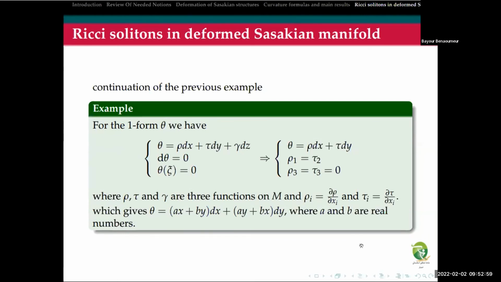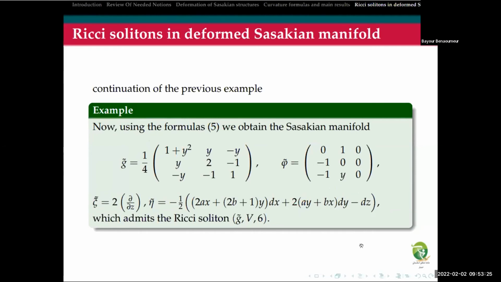For the one-form theta, we have theta equal to (ax plus by) dx plus (ay minus bx) dy, where a and b are real numbers.